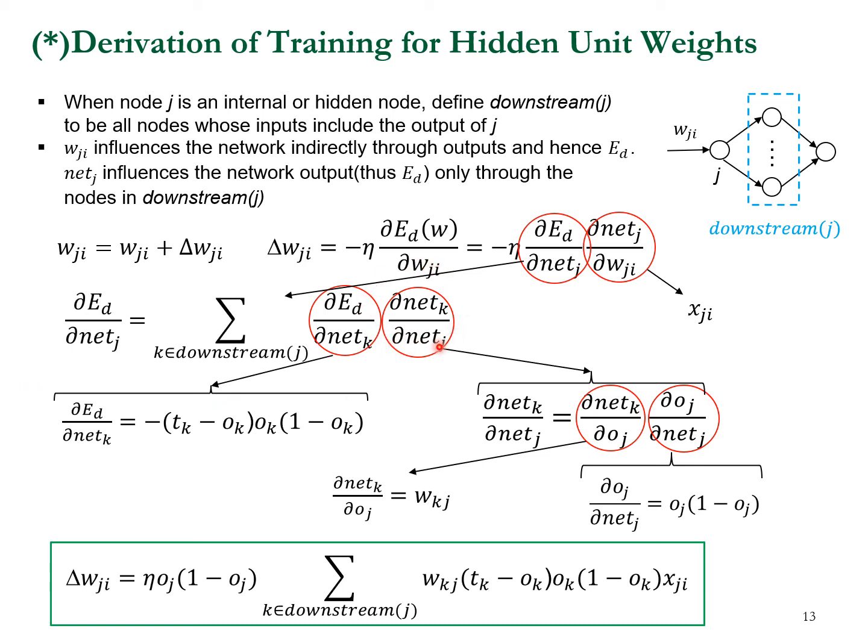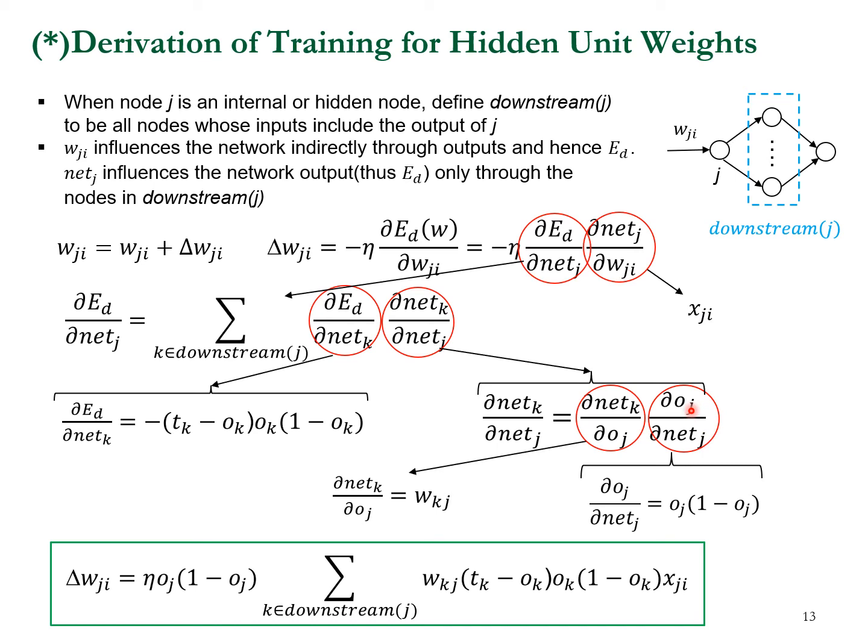And for this one, when net J influences net K, it goes through the output function of the J node. You remember, in the J node you compute the net value of J and then it goes through the activation function, in this case the sigmoid function.